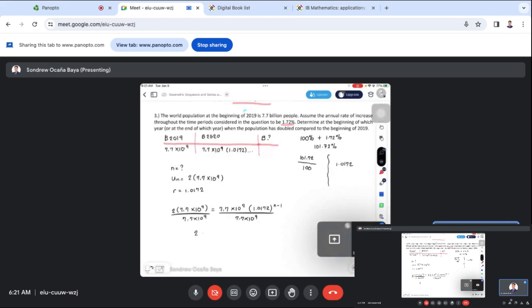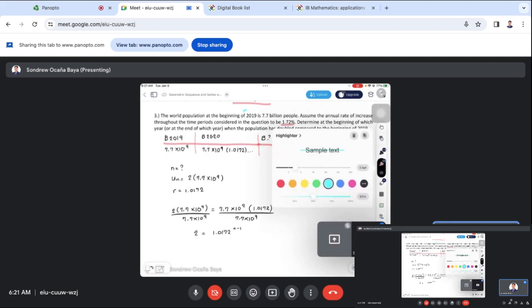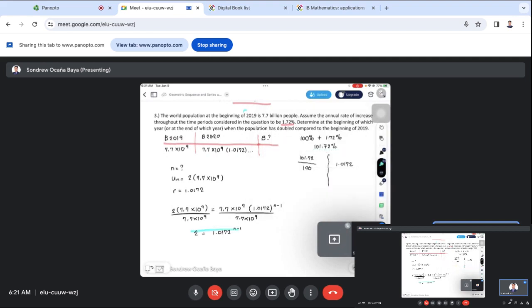Now, before we proceed, there's something that I'd like you to be particular about in this solution, so that next time you don't have to have a very long solution. Try to analyze this part. Take note that we are looking for the year when the population is doubled.